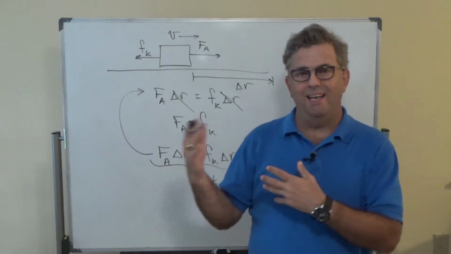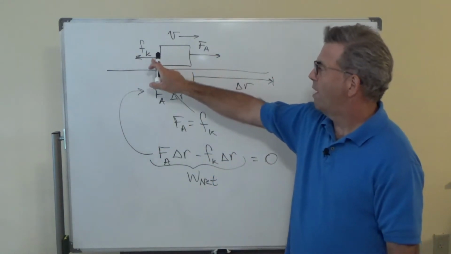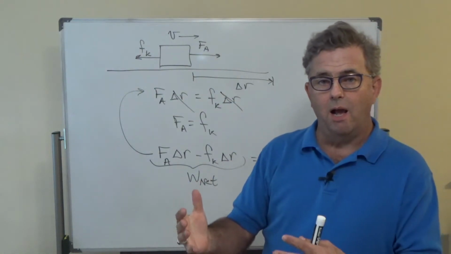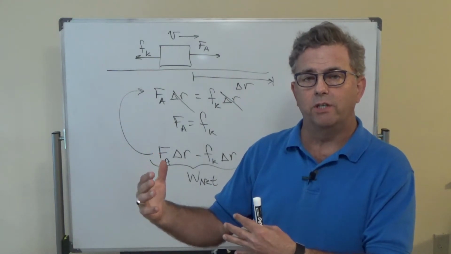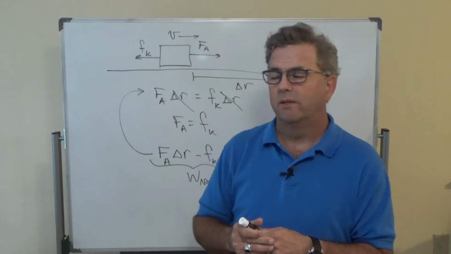It would be gaining kinetic energy. If this applied force is greater than the kinetic friction force, that object is speeding up, it's increasing kinetic energy, there is a positive amount of work being done on the object.